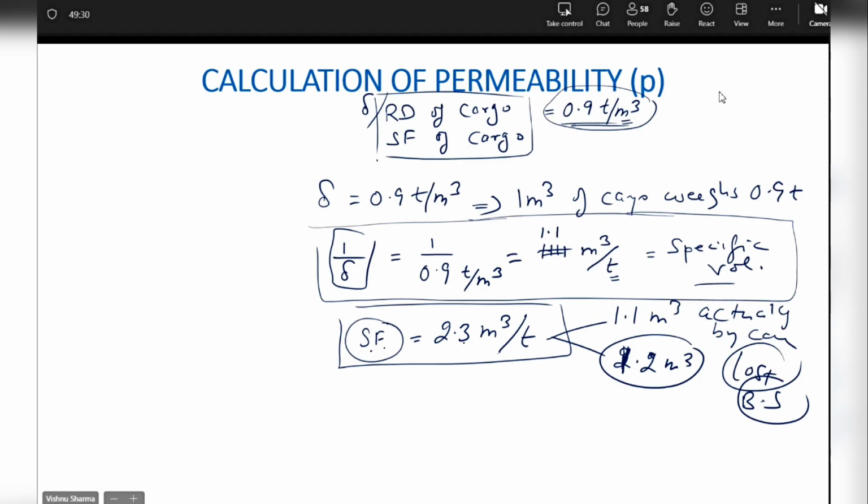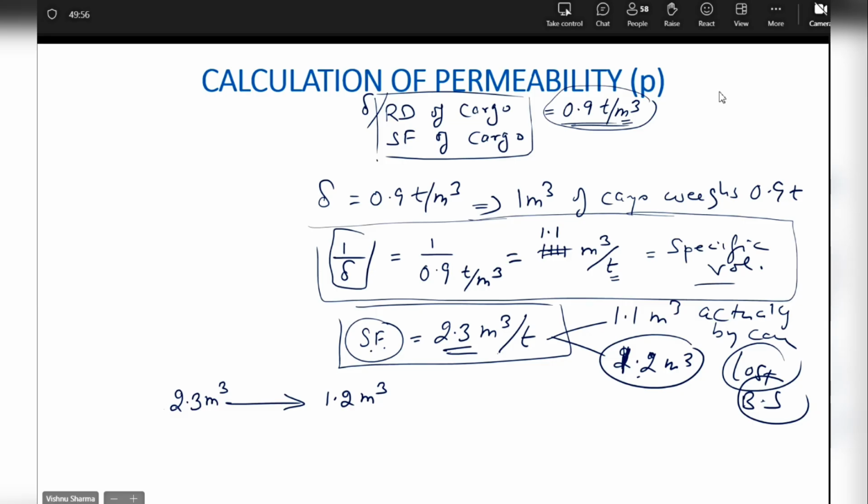So out of 2.3 cubic meters, then we use the unitary method. Out of 2.3 cubic meters, 1.2 cubic meters is free space, because 1.1 is occupied by cargo. And this free space will be available for the water to occupy.